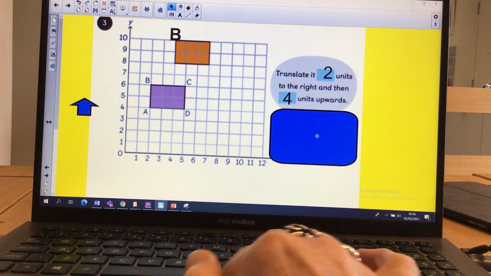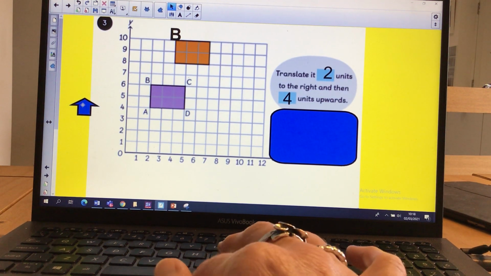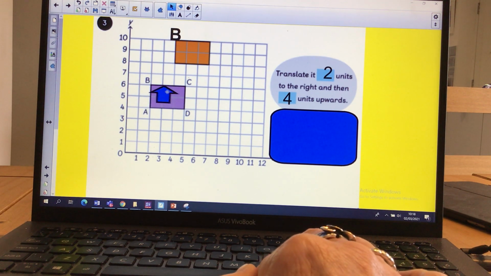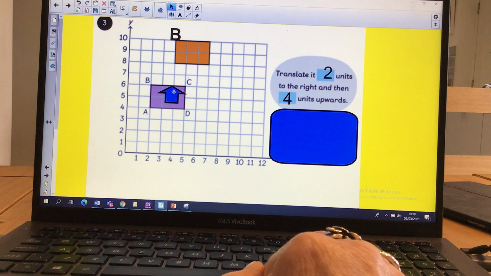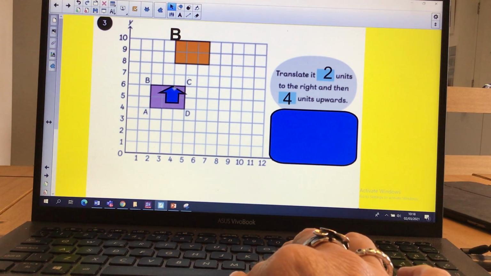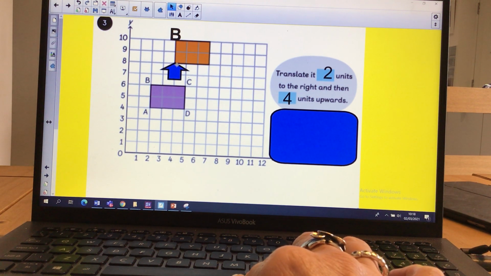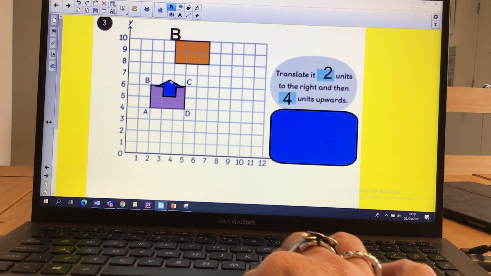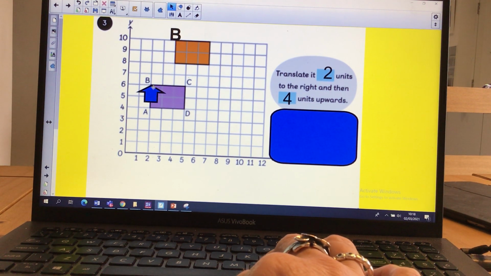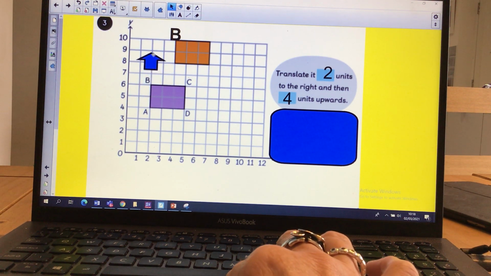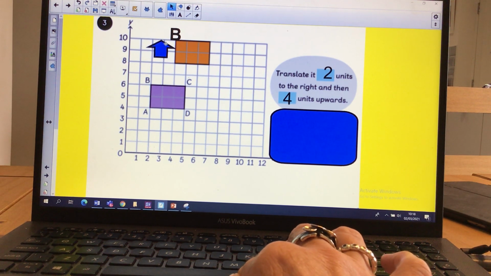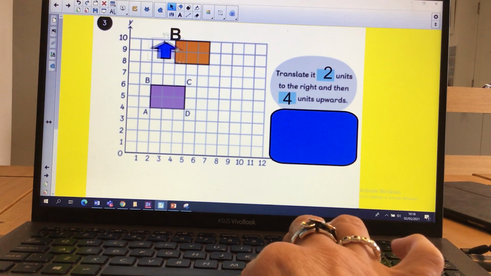Okay, so this time we've translated 2 units to the right, 1, 2, and then 4 units upwards, 1, 2, 3, 4. It could be the other way around as well, couldn't it? You could have decided to go 4 up, 1, 2, 3, 4, and then 2 to the right, 1, 2.